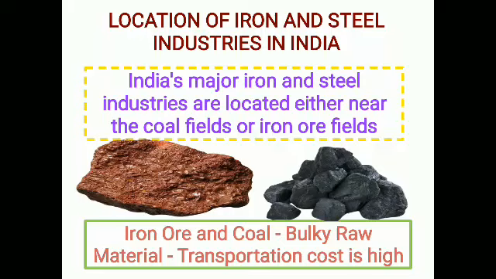To reduce the transportation cost, the industry has to be located near the iron ore, near the coal mining region, or midway between the iron ore and the coal. That is why we say the iron and steel industry is a heavy and bulky industry.